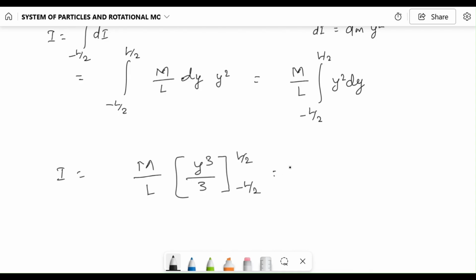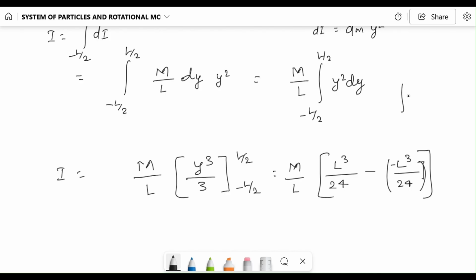So we can write it M by L, and then we will have here L cube by 24 and minus L cube by 24.